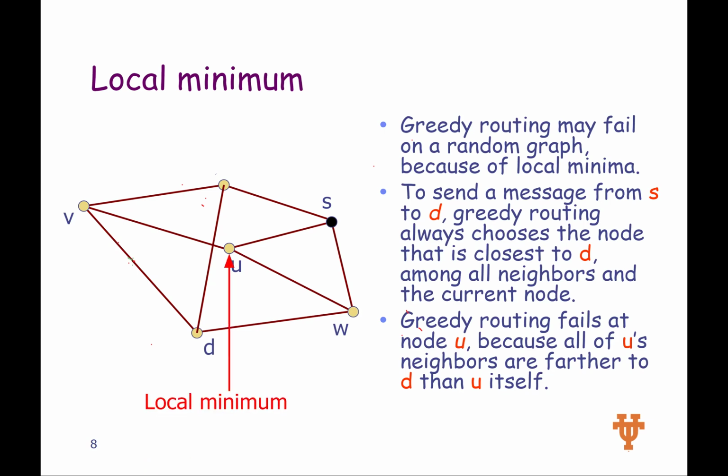And when we arrive at U, none of U's neighbors are closer to D than U itself. So the routing will get stuck at U. It will never arrive at D. And this is called the local minimum. Does that make sense? Do you understand this?